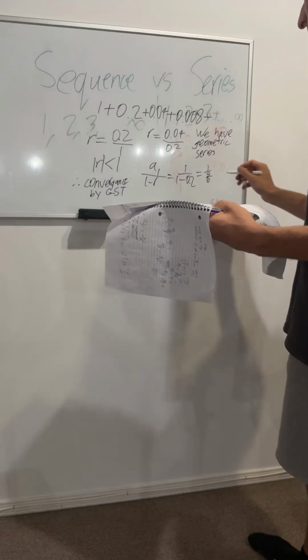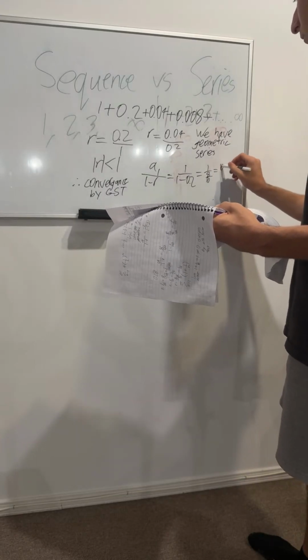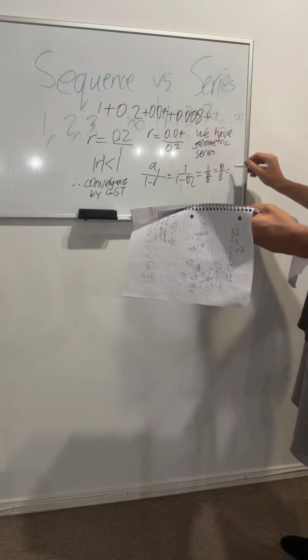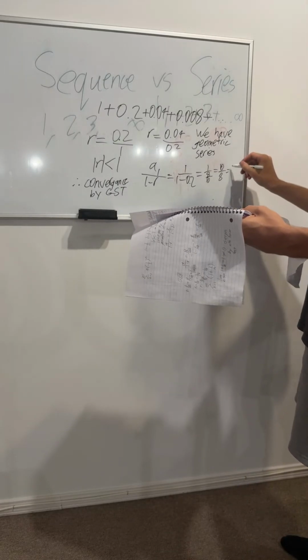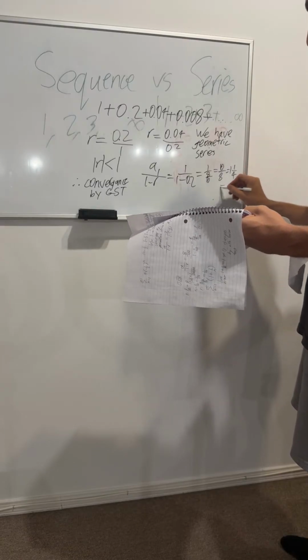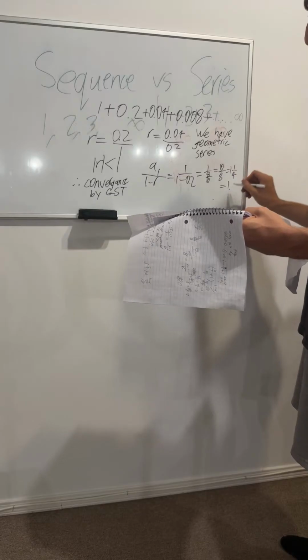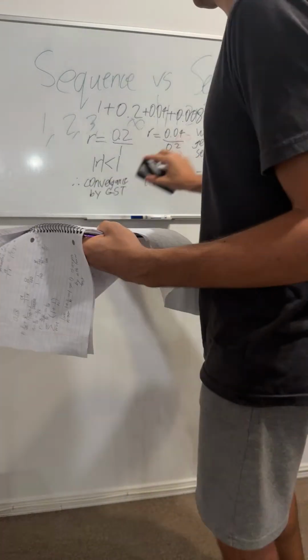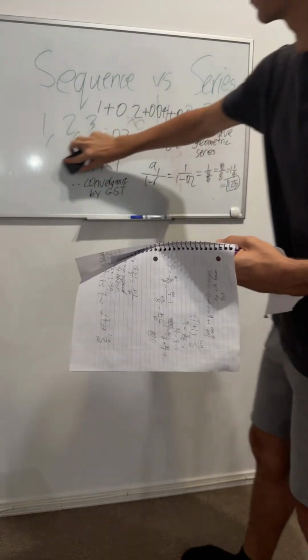Yeah. And then afterwards, you flip that, you get 10 over 8. And if you end up dividing it out, you get 1 over 1/4. And then, 1 over 1/4 is 1.25. And that should be your answer. Okay. So we can tell this is convergence by GST. Okay, that's number 17.